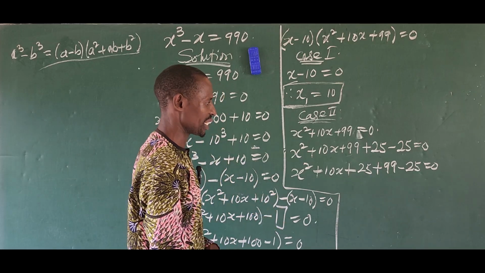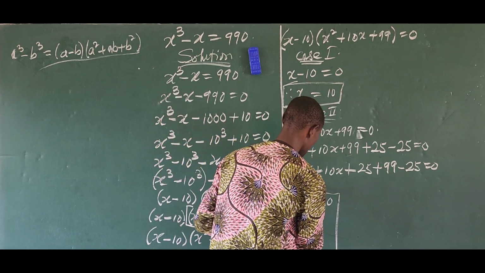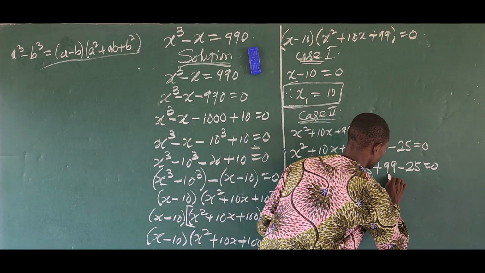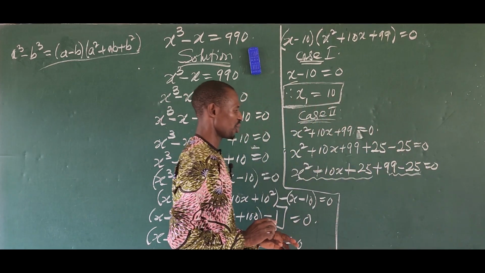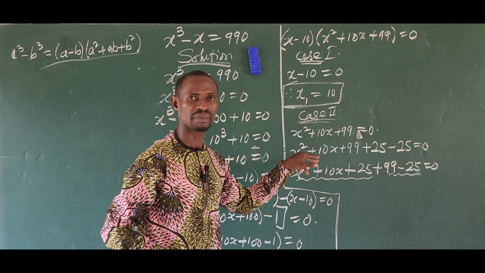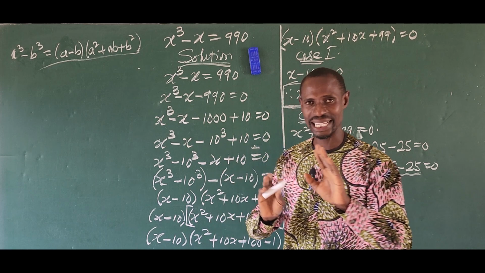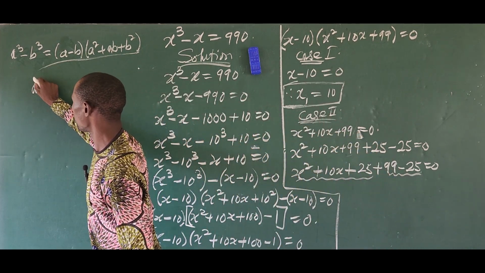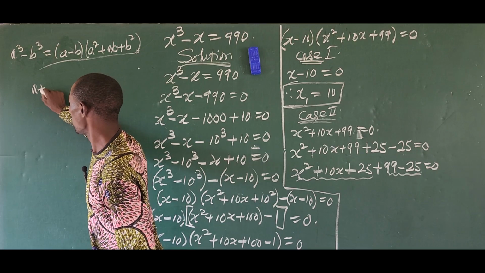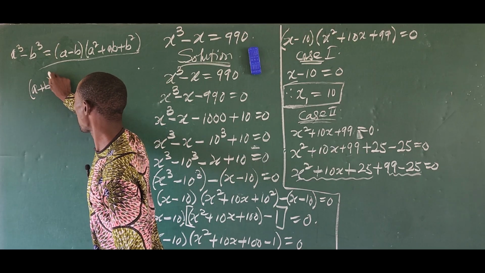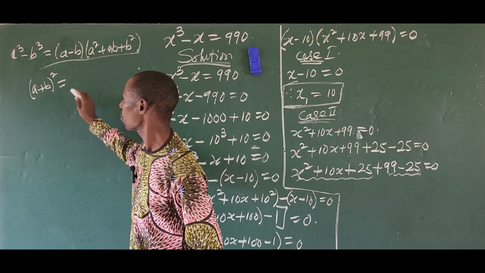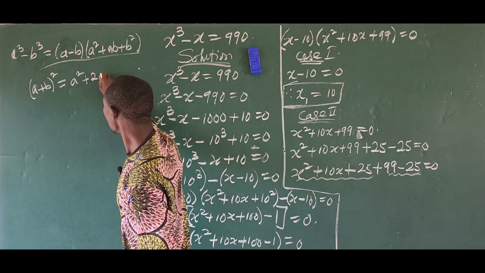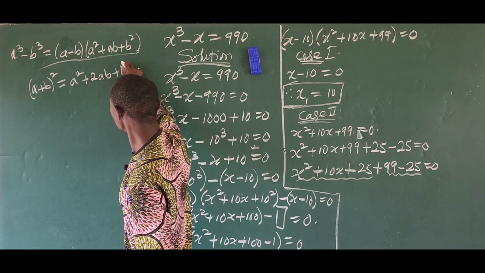All right, so what we do next here is this. We're going to consider this expression we have here now. Look at this expression from here to here. And we can equally subtract this easily, right? Good. So if we consider this expression, remember the algebraic identity which says that if you have a plus b all to the power of 2, this is equal to a to the power of 2, then plus 2ab plus b squared.